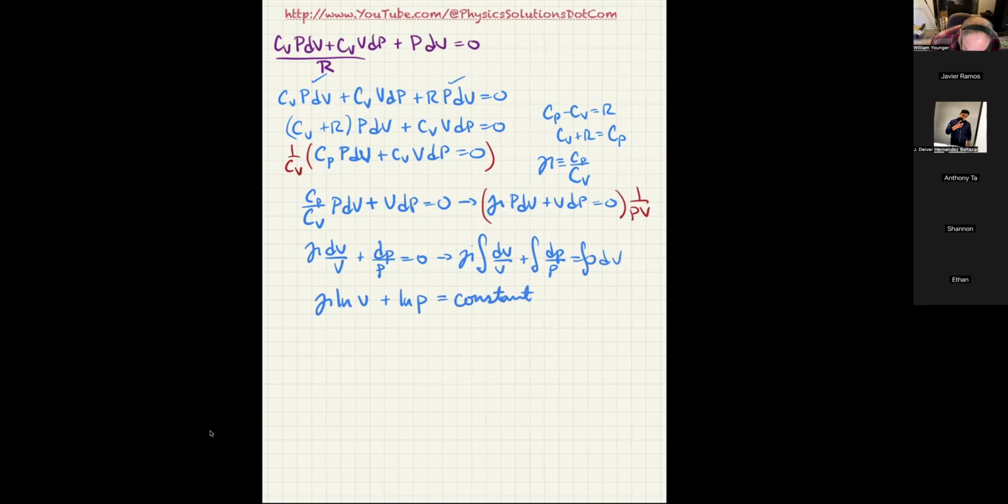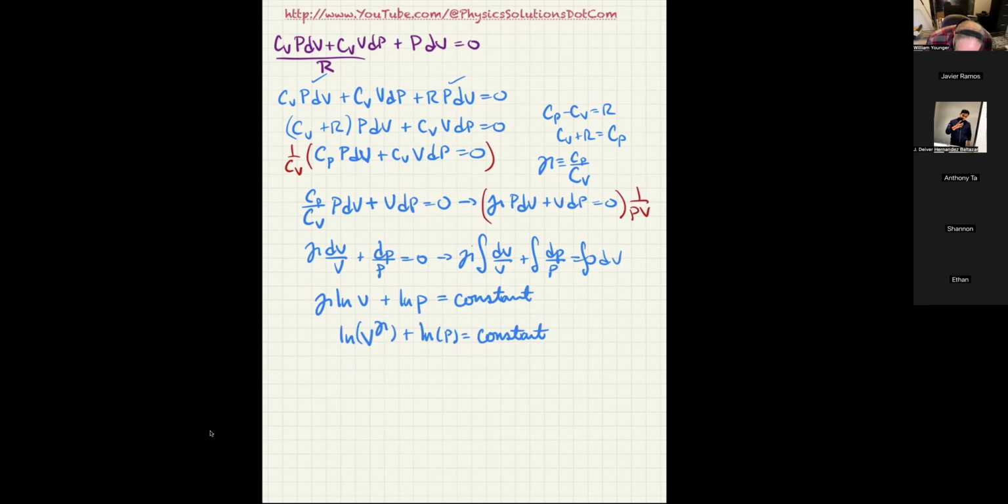And of course, we also know that when you have a number multiplied by a ln, you can use that number to become the exponent of the argument of the ln. So we're going to say the ln of V to the gamma power plus the ln of P is equal to a constant. And from that, we can realize that when you add two natural logs, that's the same thing as multiplying the two arguments.